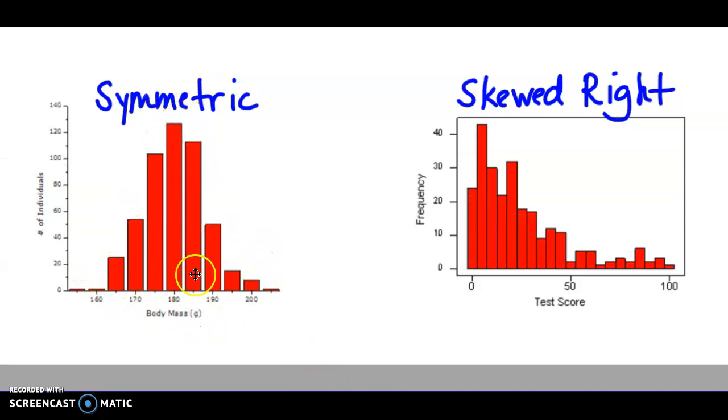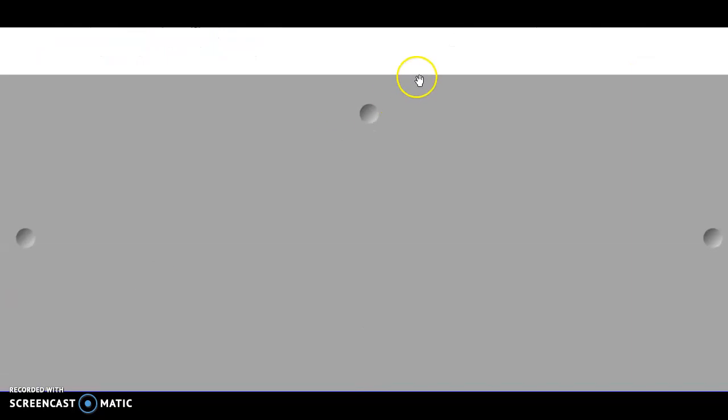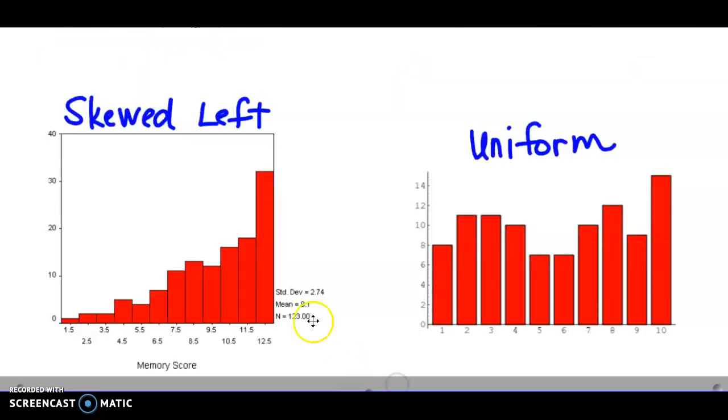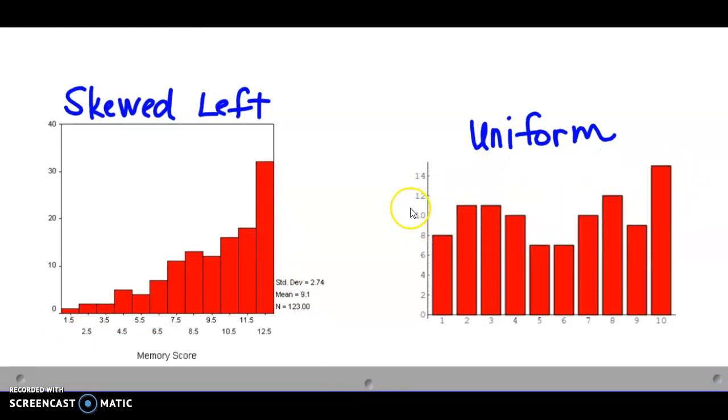It's not 100% even, but it's pretty even, so I'm going to say it's symmetric. Whereas here, yeah, it's skewing to the right again. Next. Skewed left, yep, tail to the left, and, okay, they're not identical, but it's good enough that we're going to have to say that that's more of a uniform distribution.